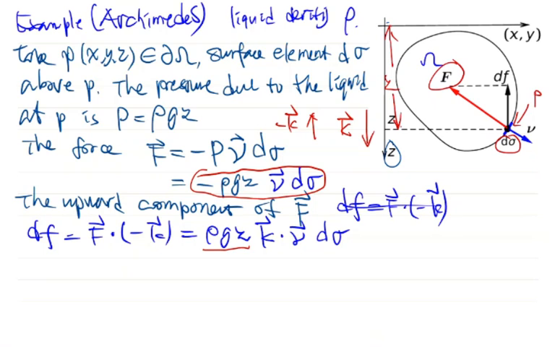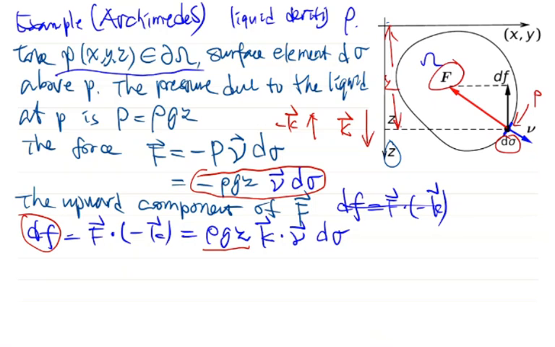If our point P goes through all the boundary surface of omega, then at every small piece of element d sigma you have the dF. All the dF summing up together is just the flotage acting on this omega.